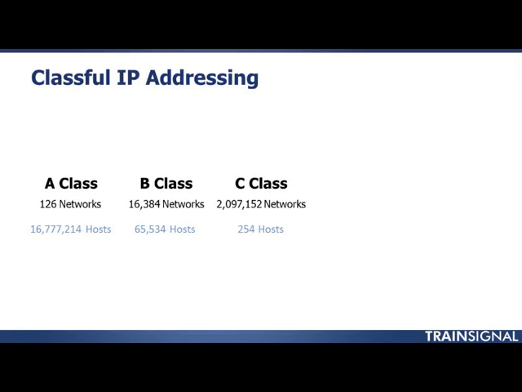Now, the other thing that I'm going to tell you, and I don't want to go too deep into this, is that when it comes to A, B, and C class, and the number of networks and the number of available IP addresses in each of those networks, this was how things used to work with the internet. If you wanted to get on the internet, representing your company, you wanted an internet presence, you would actually register to get one of these ranges.